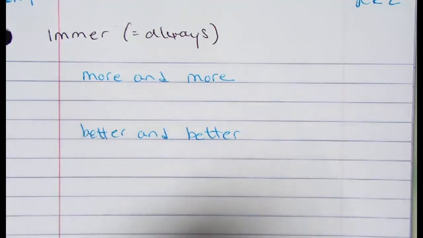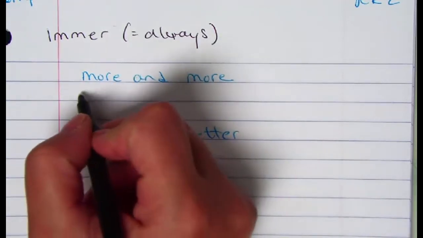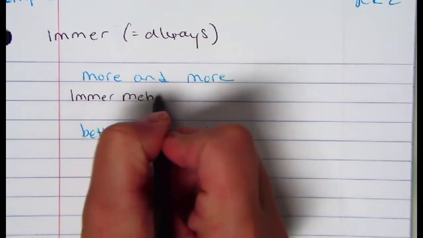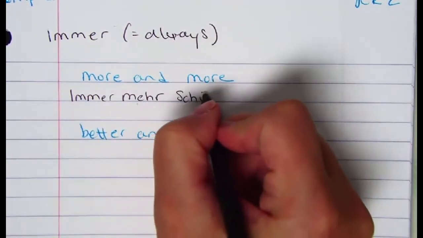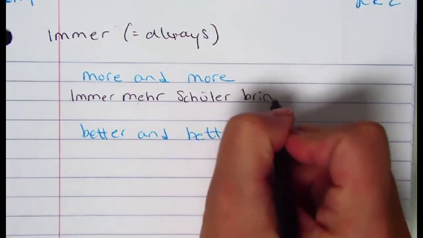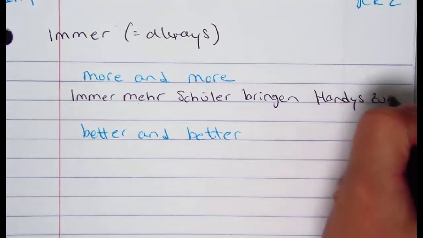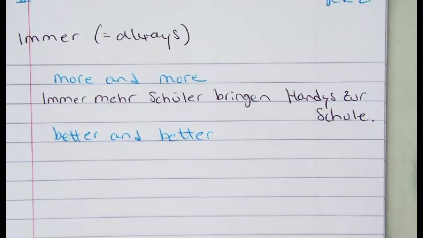So if I wanted to say more and more students are bringing cell phones to school, I would say immer mehr, so there's one more. Schüler bringen Handys zur Schule. Okay, so immer mehr Schüler bringen Handys zur Schule.